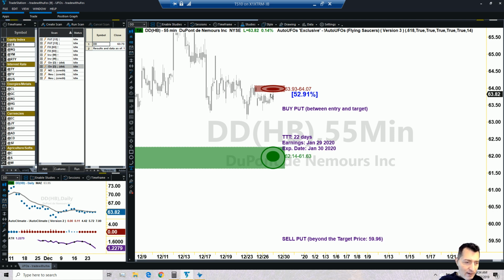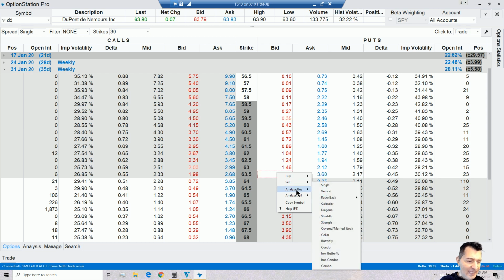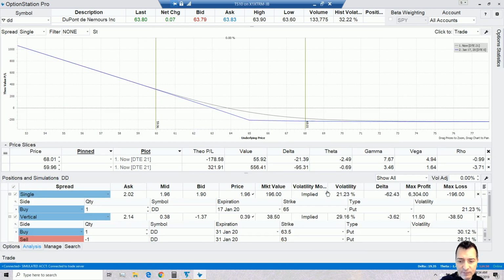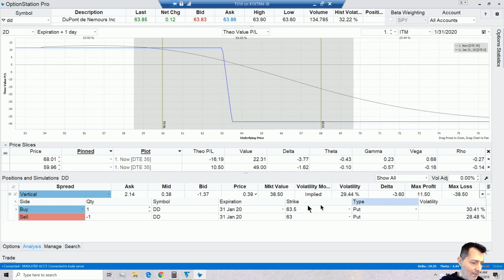So by the way, we are basically entering the UFO, so we need to move quickly to put this trade in place. Okay, so let's go ahead and right click anywhere on the put side, which is the right side, analyze and buy a vertical spread. So we're going to input this vertical spread on our analysis tab, so we can go ahead and adjust everything we need to adjust.